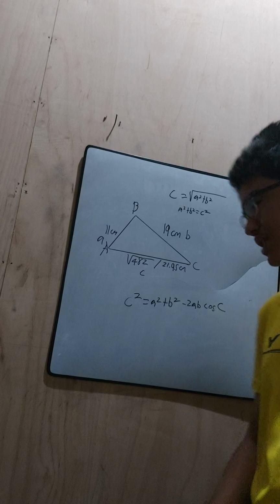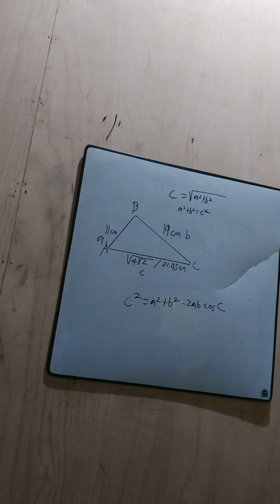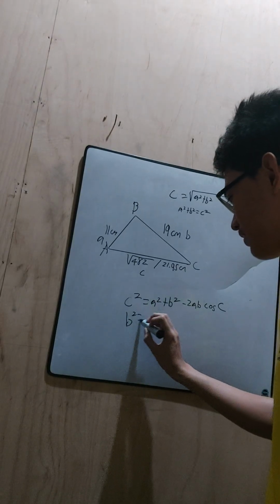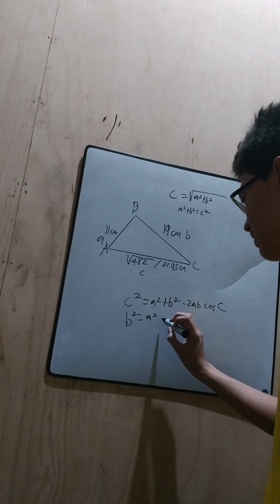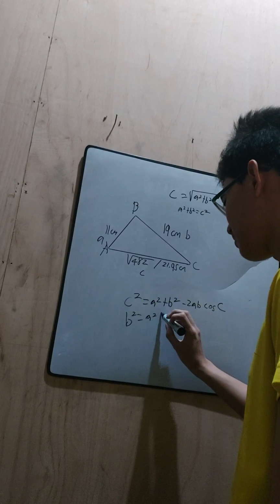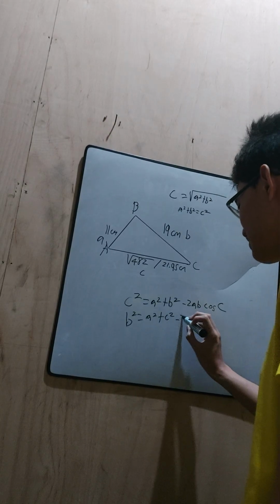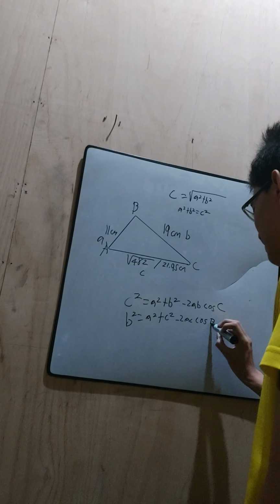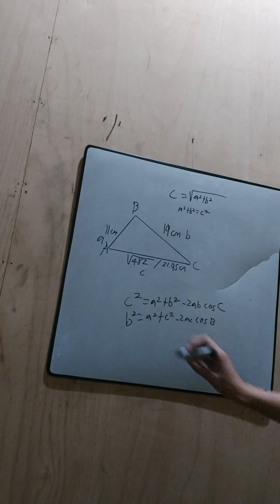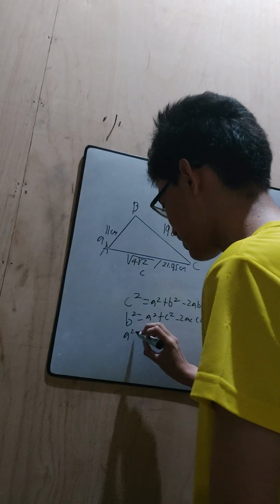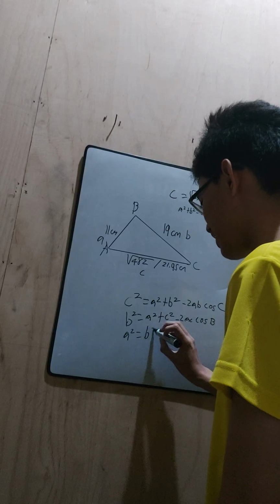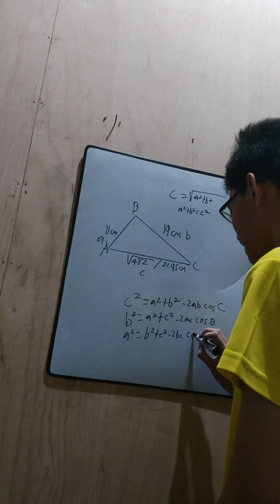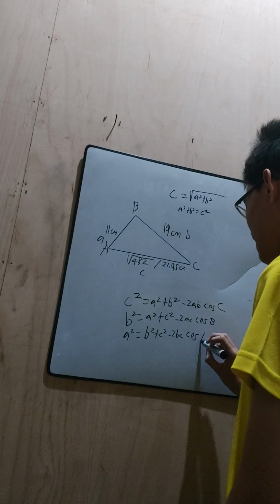Same application for the others. So b squared is a squared plus c squared minus 2ac cosine B. And the same for a squared, that will be b squared plus c squared minus 2bc multiplied by the cosine of angle A.